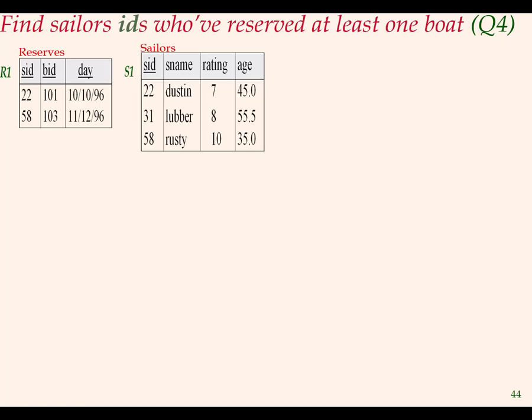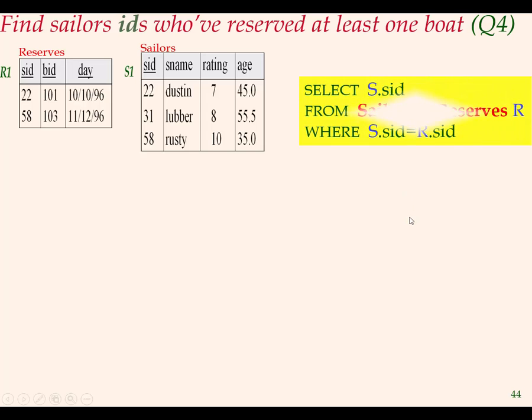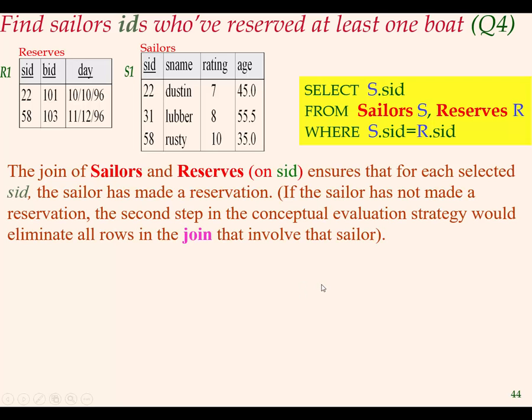So let's answer manually. How many relations? 2 of them, sailors and reserves. The conditions, again, the join on SID, will actually give you only the sailors that have a reservation. So the output, if you are doing it by hand, so 22, that'll be Dustin and Rusty.